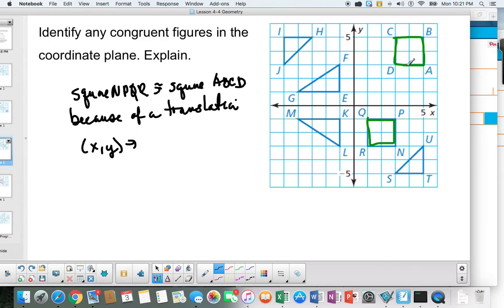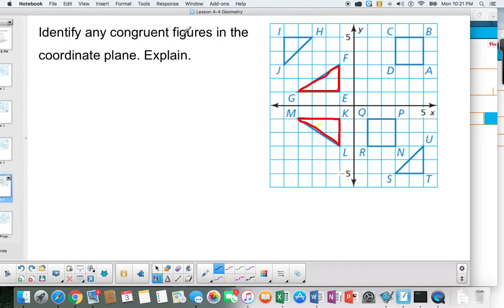If we're going from here to here, I'm going to count over 2, so that's going to be x plus 2. And then after I count up, 1, 2, 3, 4, 5, 6. So this will be y plus 6. So these figures are congruent because there's a translation that maps one figure onto the other.